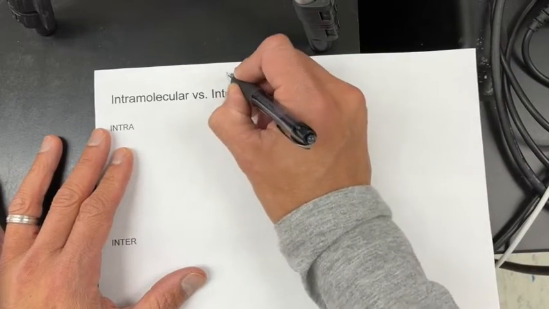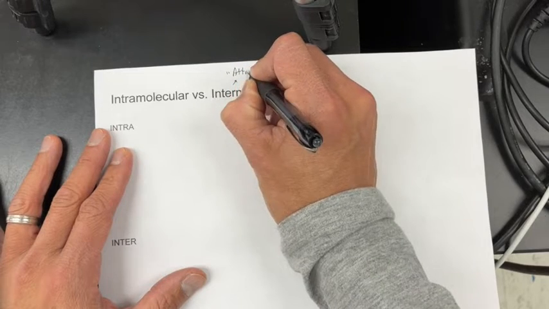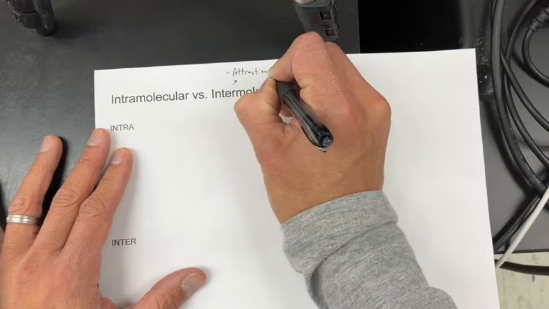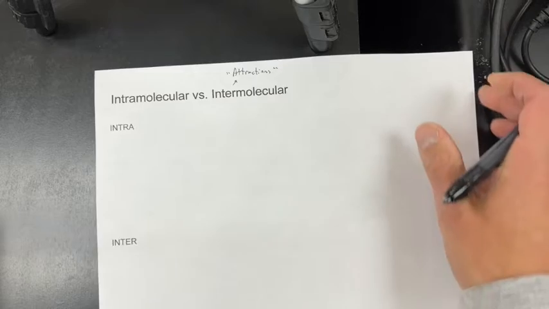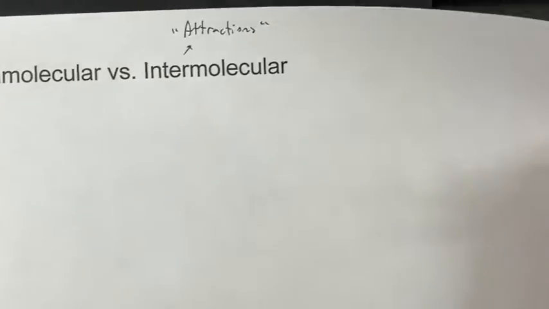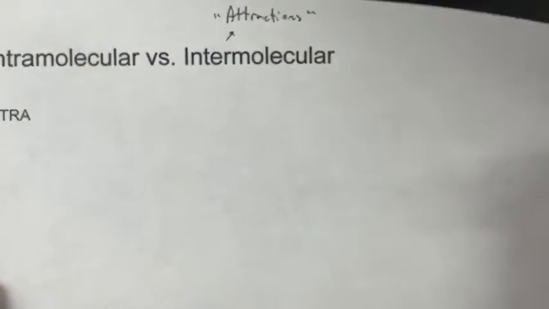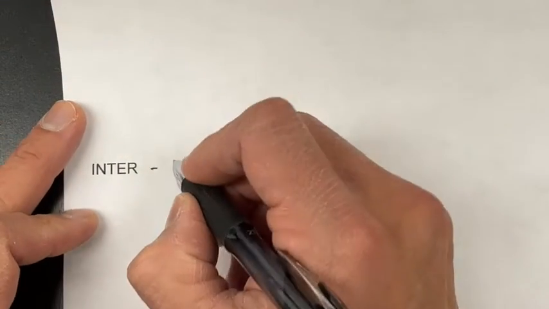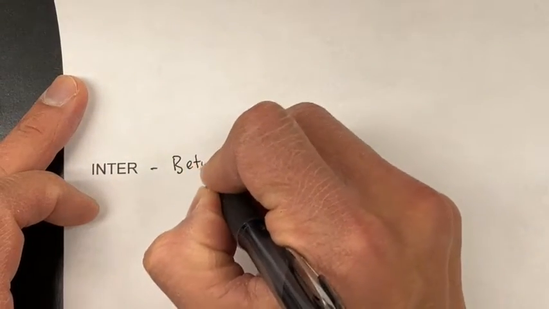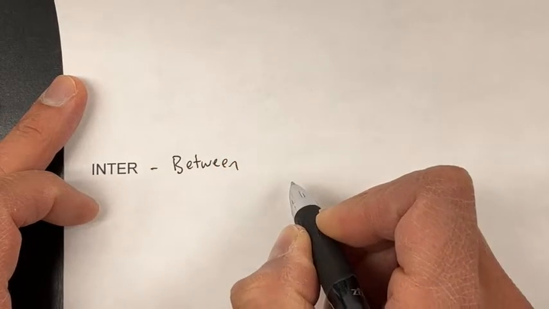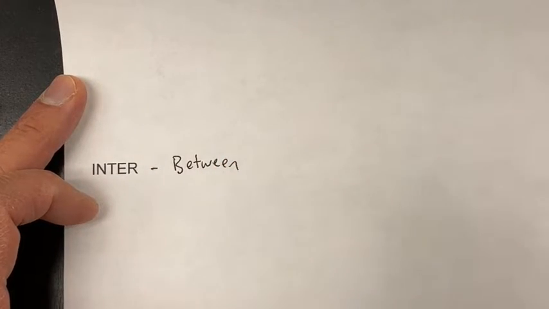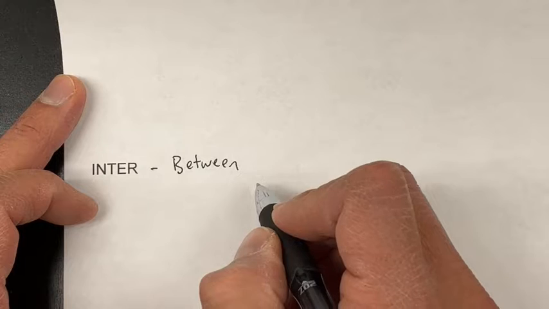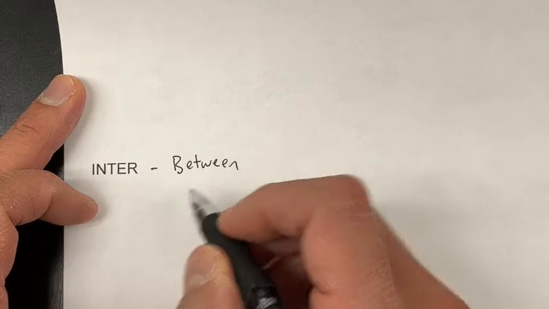This is typically, if I have something like water molecules, so let's say I go to... so inter means between something. If you go to an interstate, the interstate goes from one state to another, and it's between states.